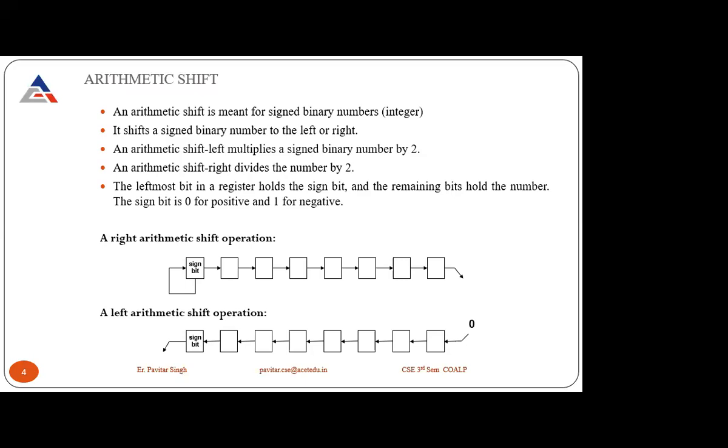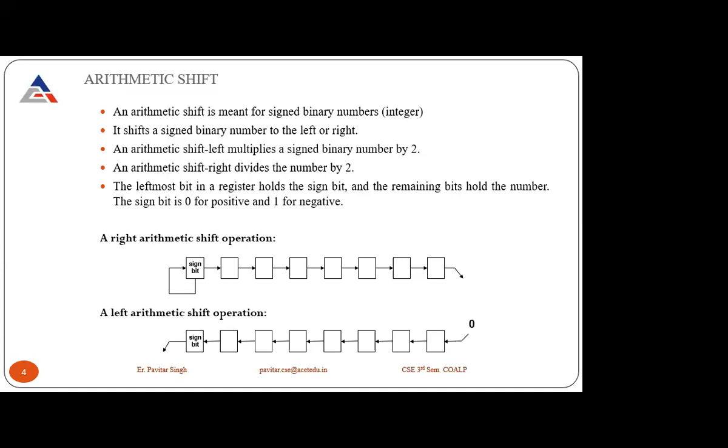So a right arithmetic shift operation. Let's understand it, and then we will understand these 2 points: how the number is multiplied by 2 in case of arithmetic shift left, and how the number is divided by 2 in case of shift right operation. So first of all, let's understand ASHR. ASHR is used for arithmetic shift right operation.